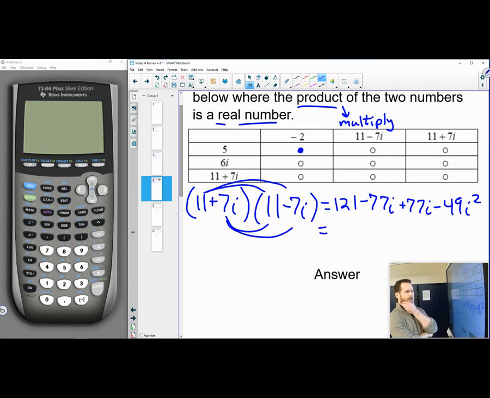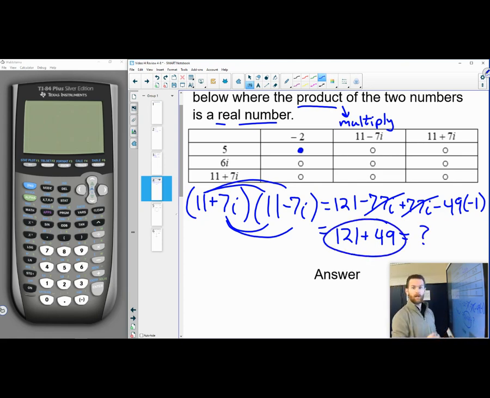Okay, let me think. Well, these 77s, they just cancel out because negative 77i plus 77i just goes away. And then here, this i squared becomes a negative 1. So we get 121 plus 49. And we could simplify that all the way, but we don't actually care what that number is. We care whether it's real or non-real.